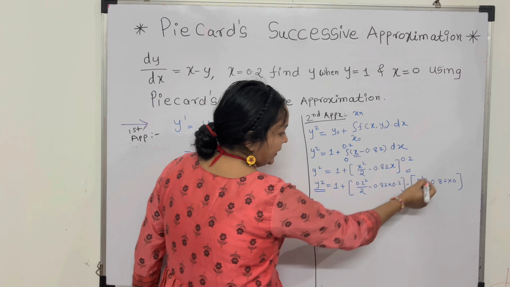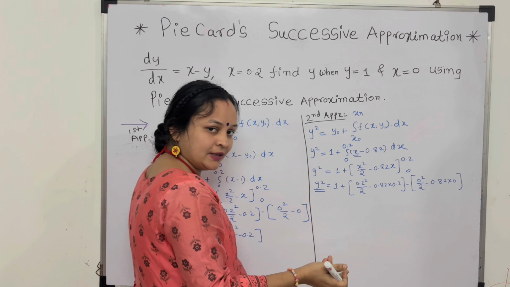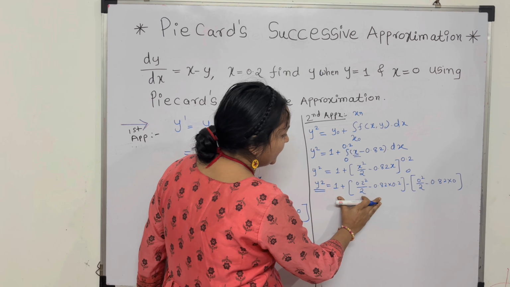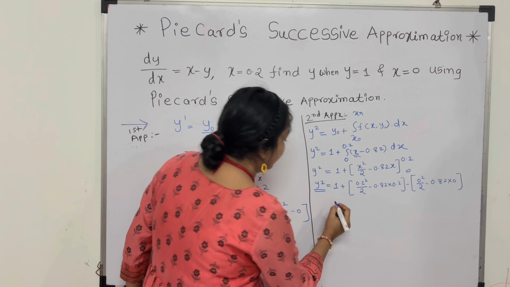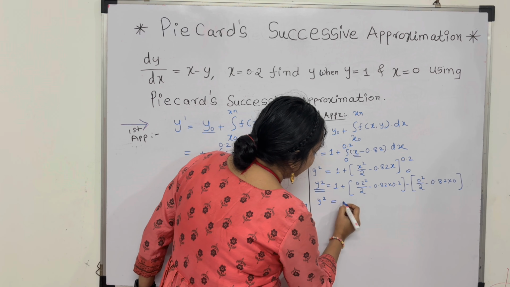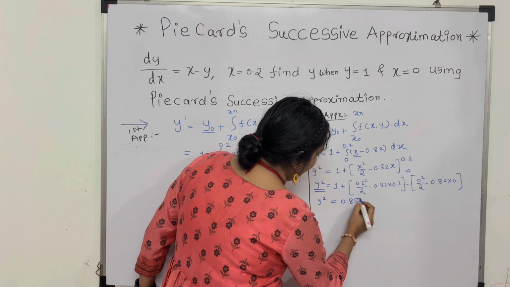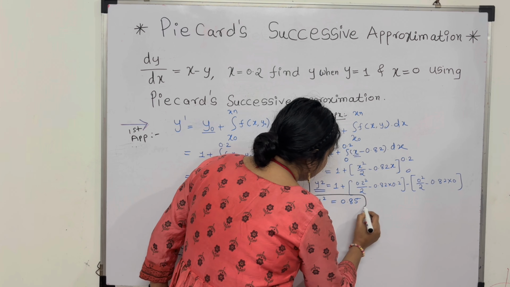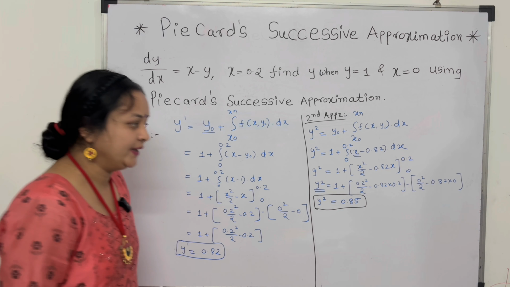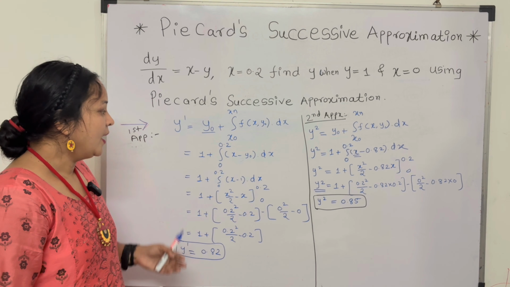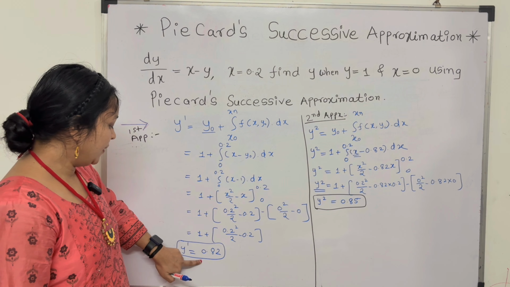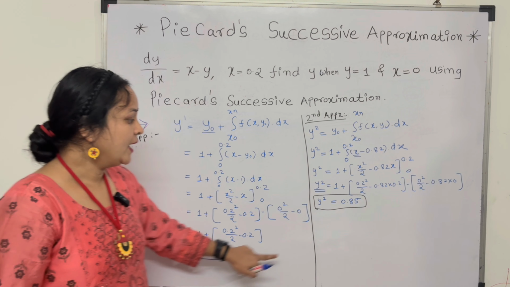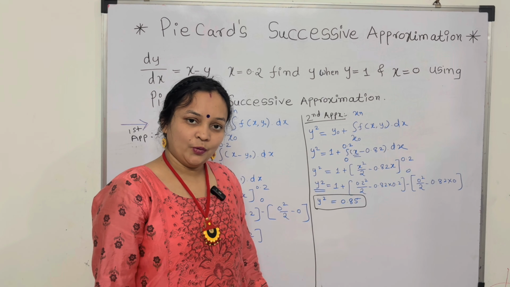So this term becomes 0, and if you solve this using the calculator, you get the y2 value as 0.85, right? So you are getting this value as 0.85.